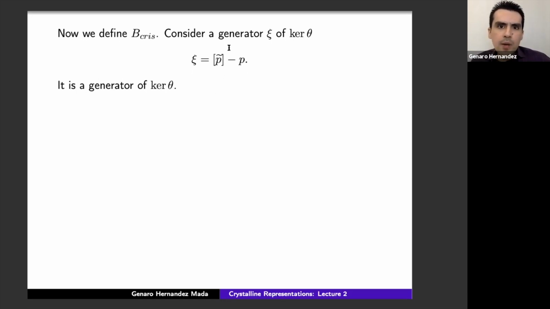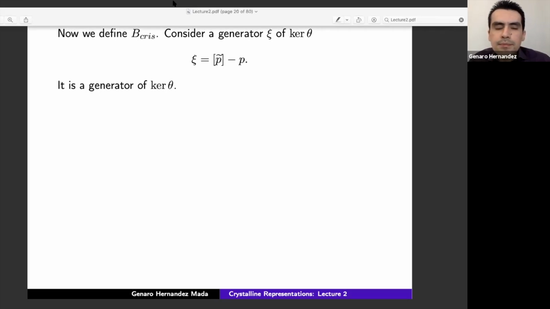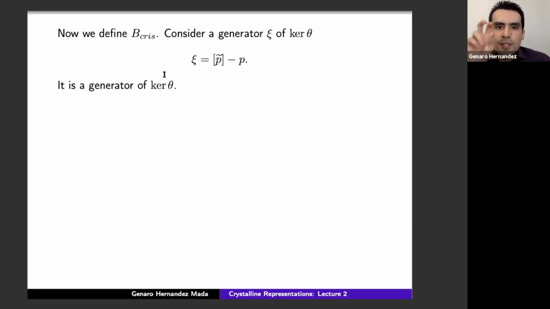We might take this one here, p tilde. I'm denoting an element, a sequence, whose first term is p, just as epsilon is a sequence in which the first element is 1.